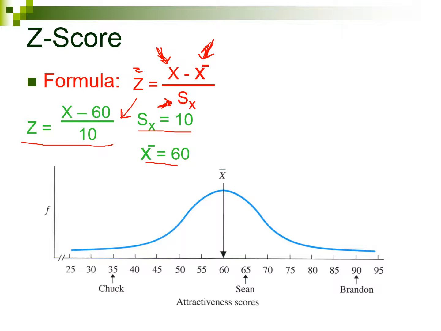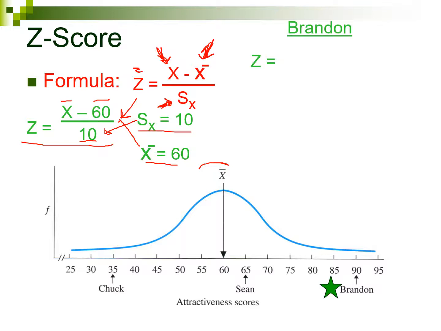In this distribution, we are told that the mean is 60 and that the standard deviation is 10. So it's going to be the raw score minus the mean of 60, divided by the standard deviation of 10. Let's plug in Brandon's, Sean's, and Chuck's raw scores into this formula to get their z-scores.